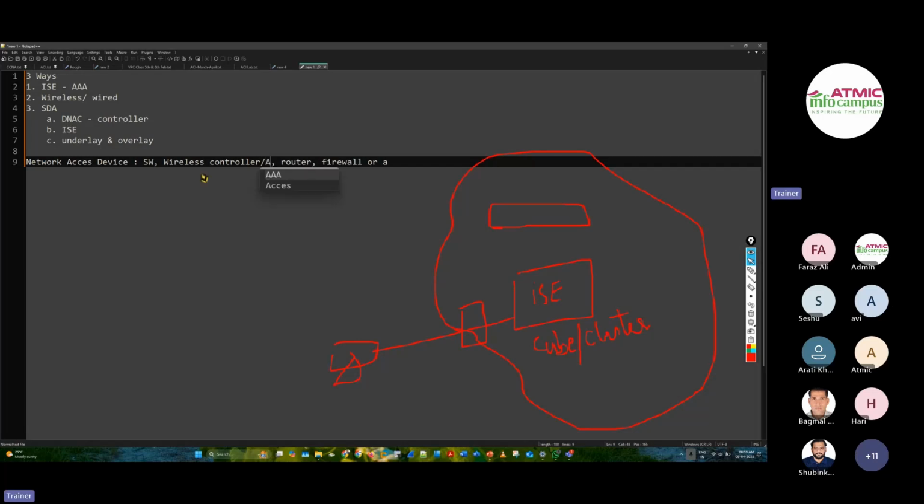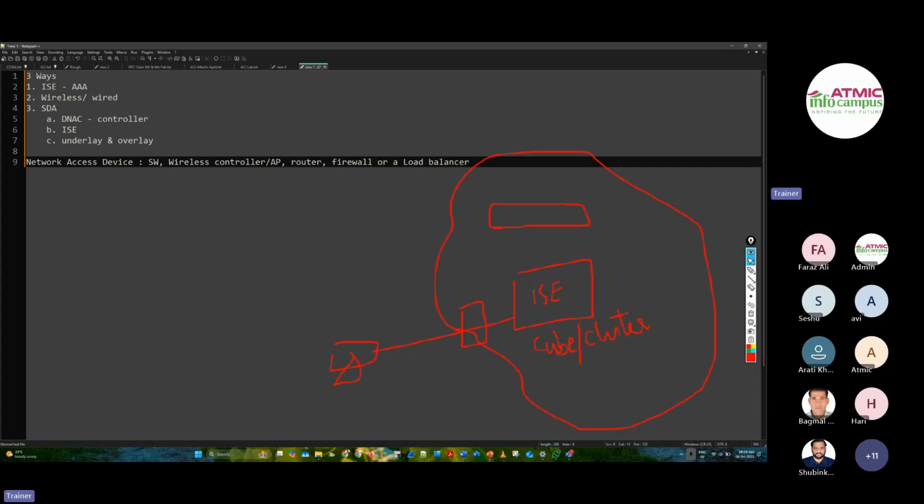Right, so it's actually the access point, and we are just keeping the controller for our FYI. What else? Load balancer, great. So this completes our network access devices.